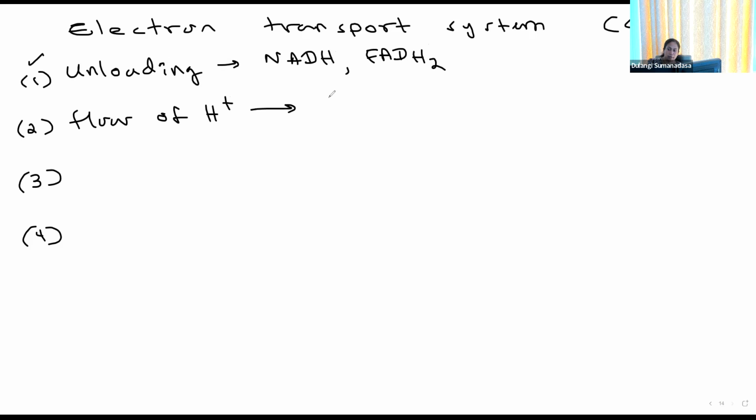You have to mention the cristae, cytochromes, so the flow of high energy protons will go through the cristae, through the cytochromes. And the third one is, finally it will go through the second enzyme, ATP synthase.